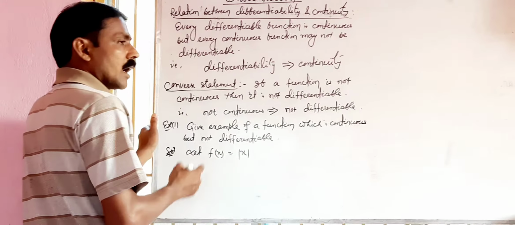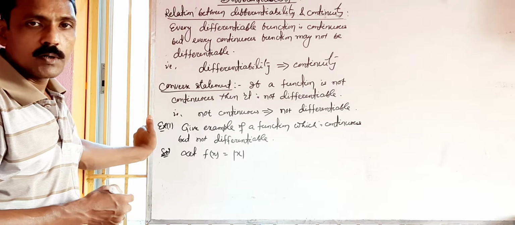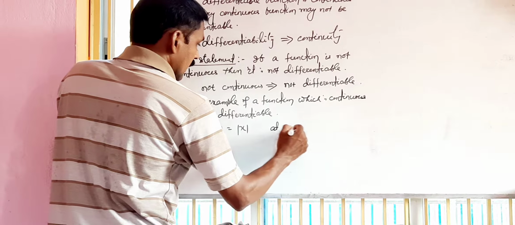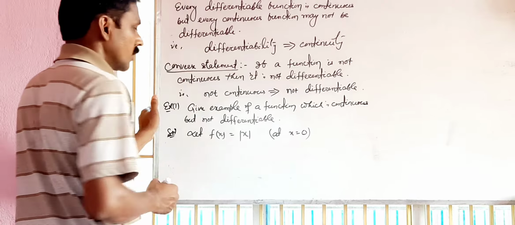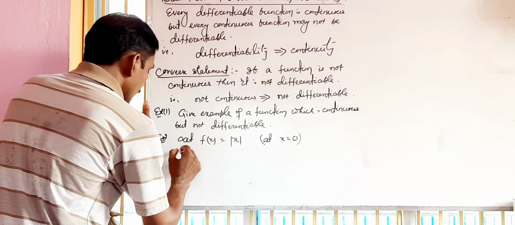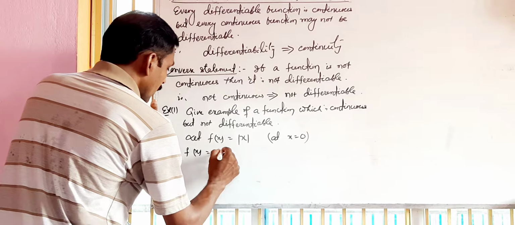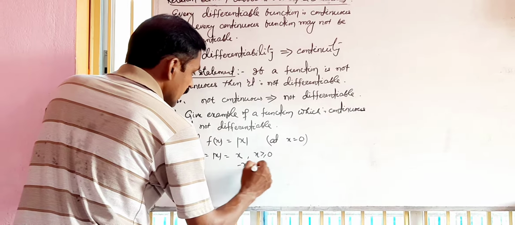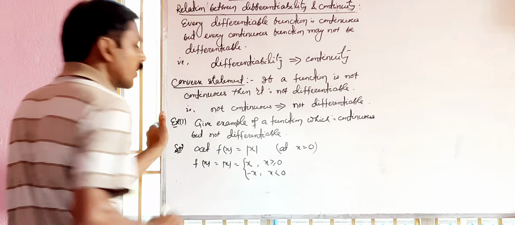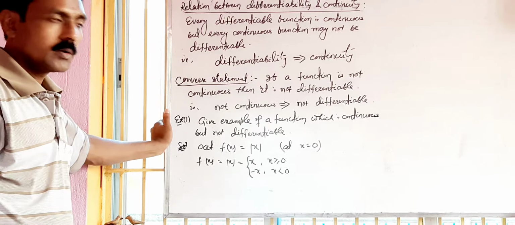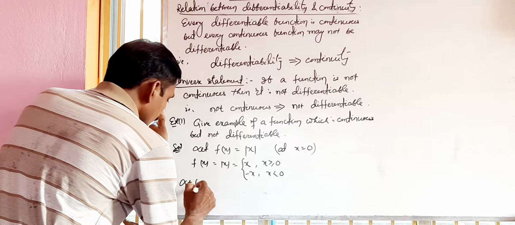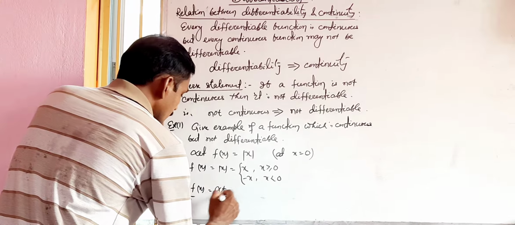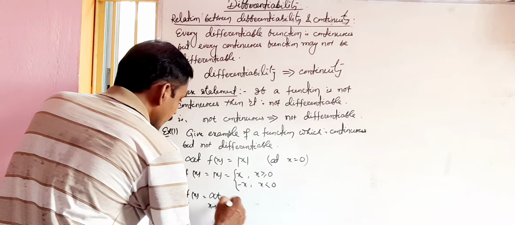Now here we will check the continuity at x equal to 0. So f of x, this is mod x, equal to x when x is greater than or equal to 0, and minus x if x is less than 0. This is the definition of the modulus function. Now the limit of f of x as x tends to 0 minus is minus x, which is 0.